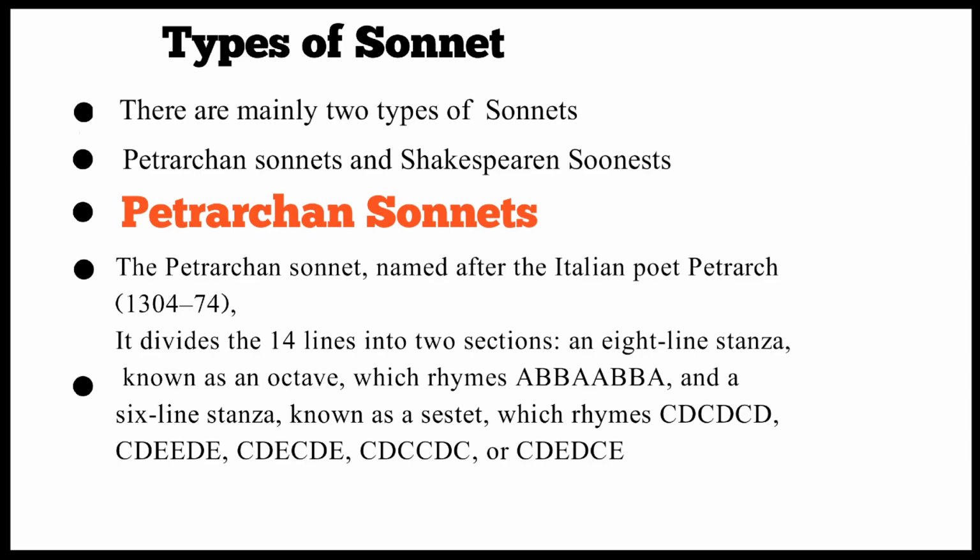Point to be noted is that of the 14 lines, the first stanza is the octave, and it consists of 8 lines with rhyme A B B A A B B A, and a 6-line stanza known as the sestet, which rhymes as C D C D C D, or C D E C D E, or C D D C D C, or C D E D C E. This can be the rhyme scheme of Petrarchan sonnets.